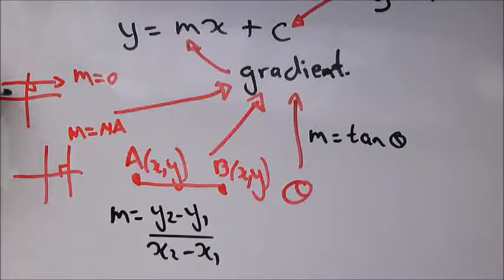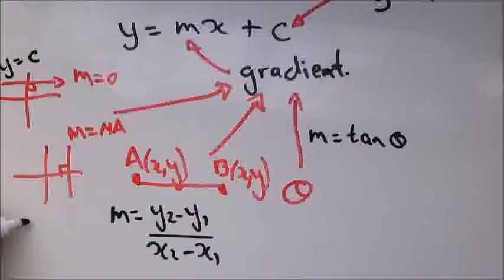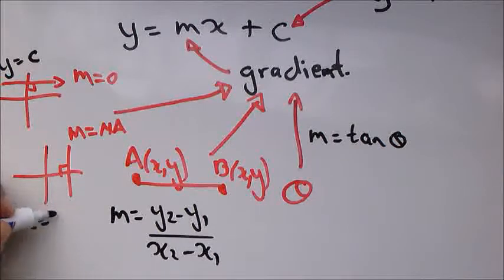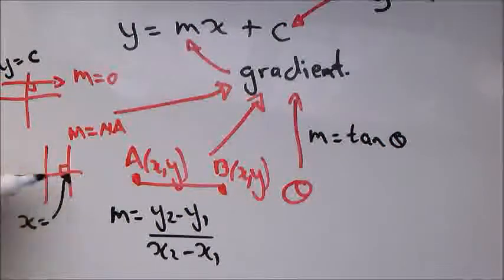Okay, in this case the equation will just be y equals whatever the c value is, and in this case the equation will be x equals whatever the x-intercept is, and that is it. That's basically everything to do with the gradient.